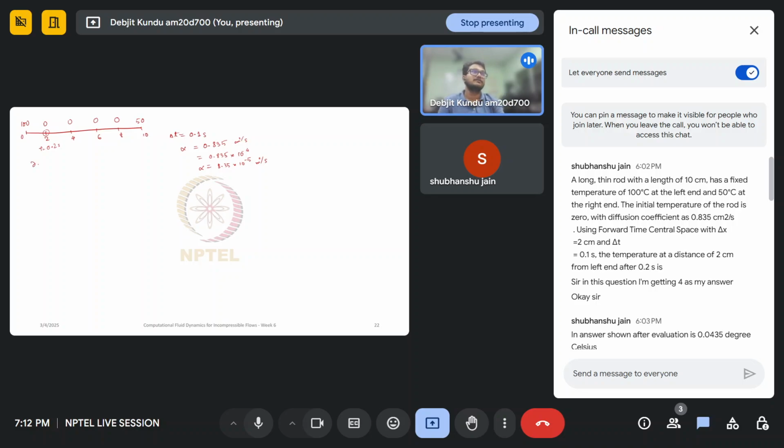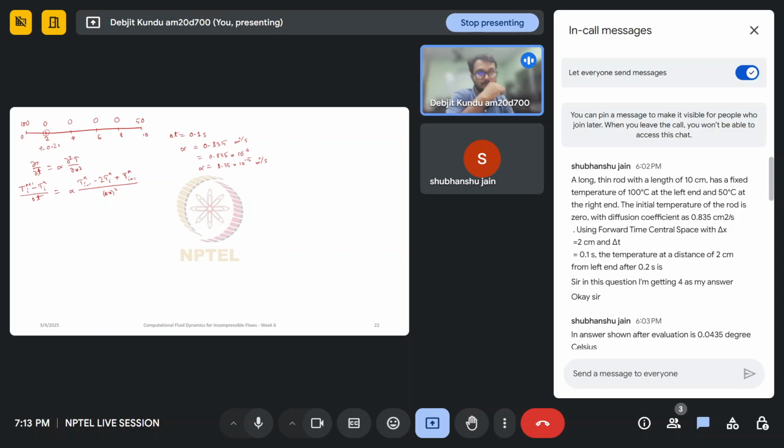So my equation is dou T dou t equal to alpha dou 2T dou x squared. If I use FTCS, which has been told in the question, then (T_i^(n+1) minus T_i^n) divided by delta t equals alpha over delta x squared times (T_(i-1)^n minus 2T_i^n plus T_(i+1)^n).